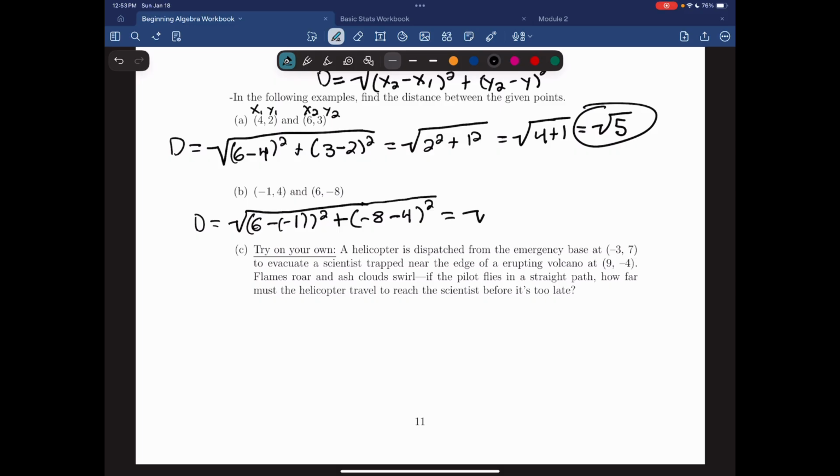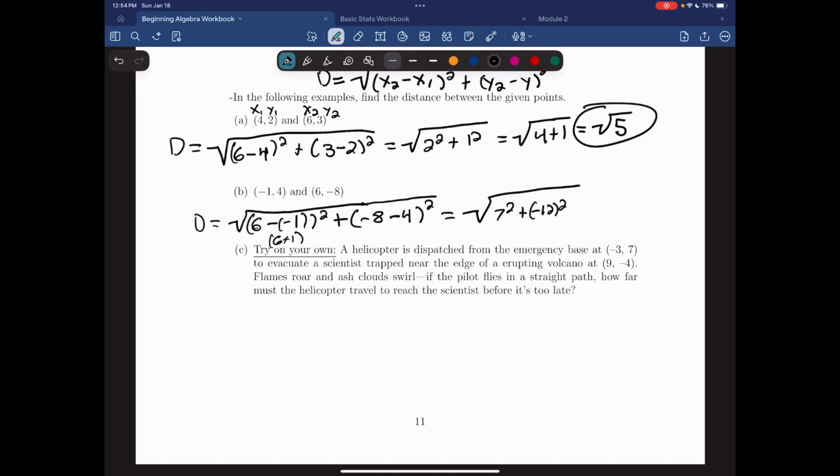So we get the square root of 6 minus -1. Well, that becomes 6 plus 1. 6 plus 1 is 7, so we get 7 squared plus -8 minus 4 is -12, so we get -12 squared.